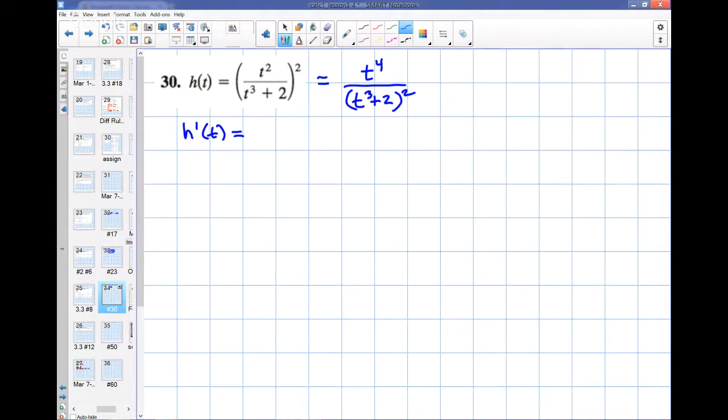Okay, quotient rule. So, denominator times derivative of numerator minus numerator times derivative of denominator. Now, the derivative of the denominator I've got to look at from the outer point of view first, which is the power rule.